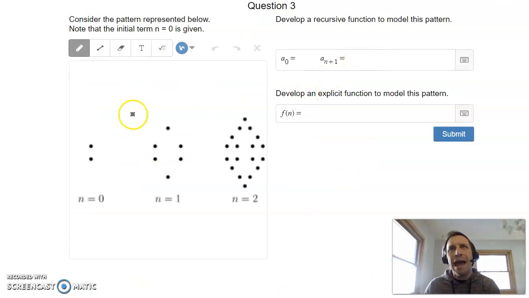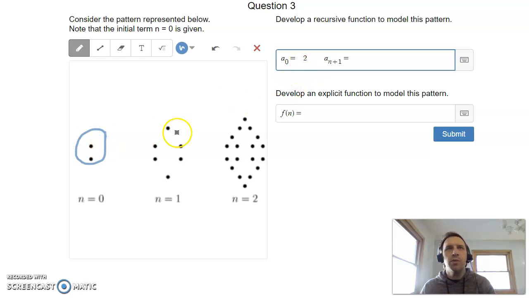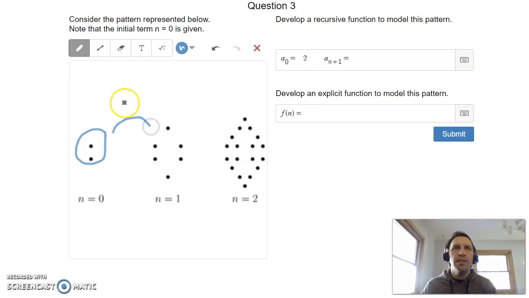Taking a look at this pattern then, our a of 0 is our starting term here, and so that's 2. And hopefully you see that you're multiplying by 3 each time to go from 2 to 6 to 18. You're multiplying by 3.